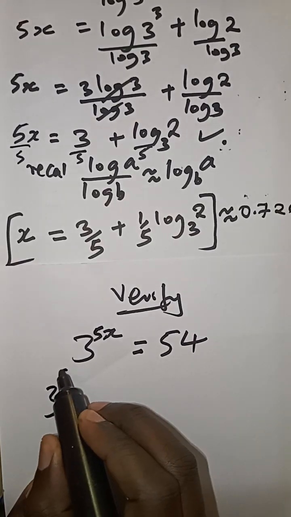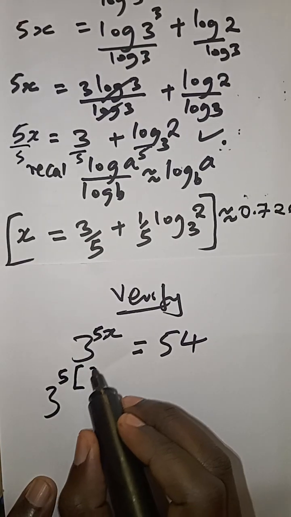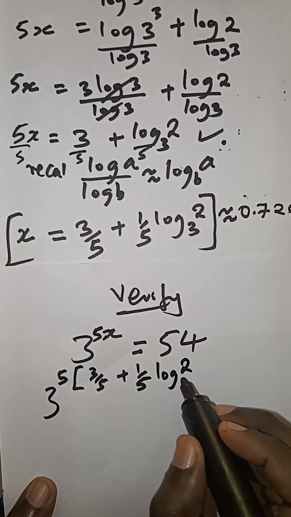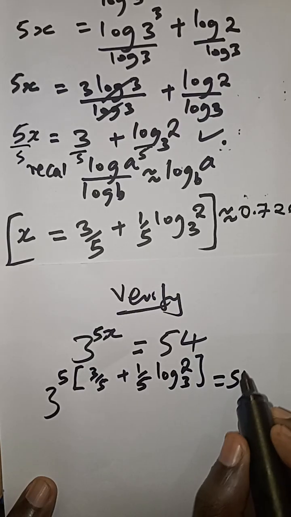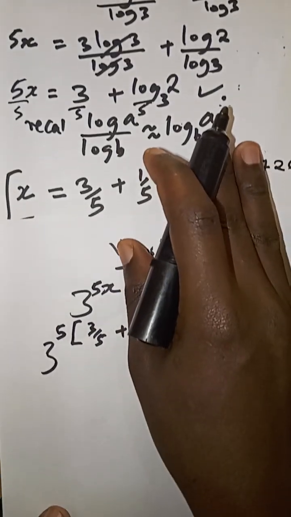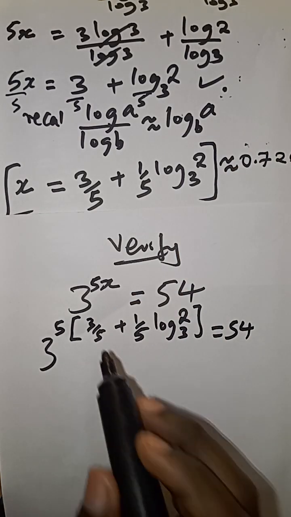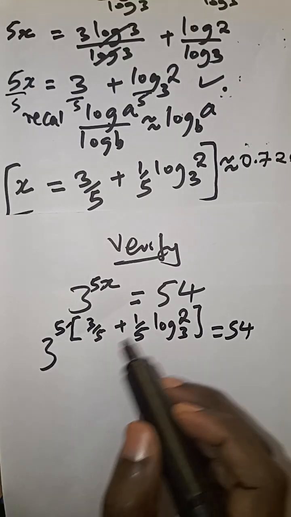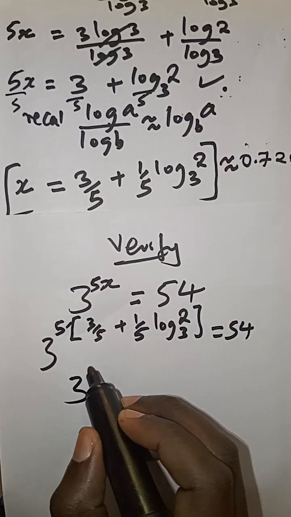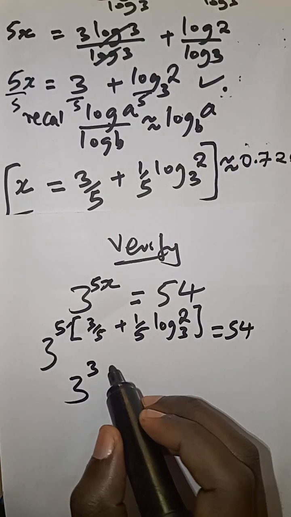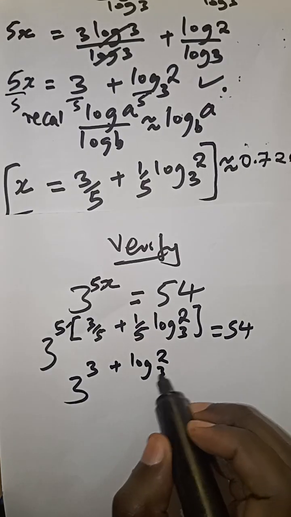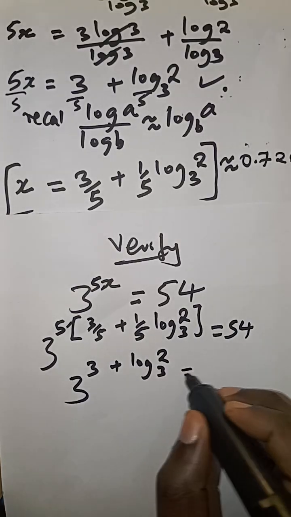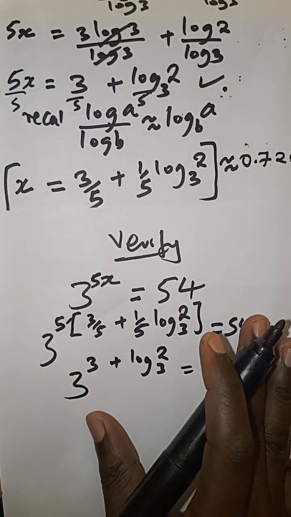So 3 raised to power 5 times (3 over 5 plus 1 over 5 times log 2 base 3) should give me 54. Opening this bracket using power 5, the denominators are 5, so it's going to cancel, and I'm going to remain with 3 to the power 3 plus log 2 base 3, should give me 54.